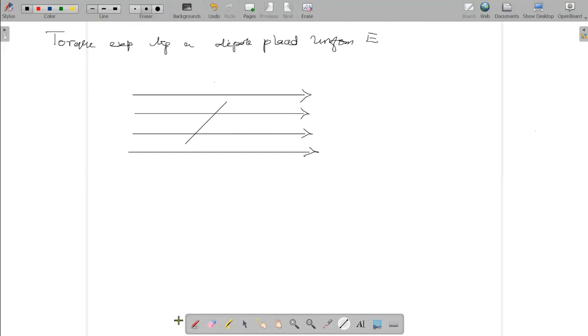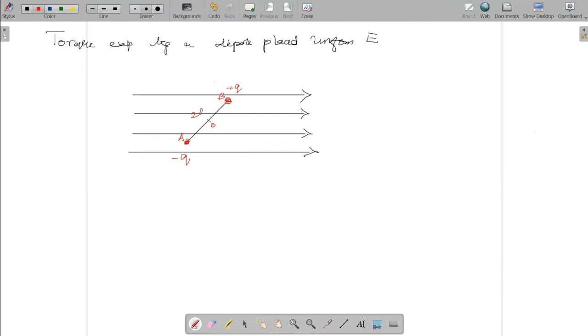We know dipole means plus Q, minus Q. So here we have a plus Q, and we have minus Q. Let us take it as A and this as B. The distance between the dipole is nothing but 2A and O is the midpoint. One side AO, the other side is OB. AO plus OB is nothing but 2A.